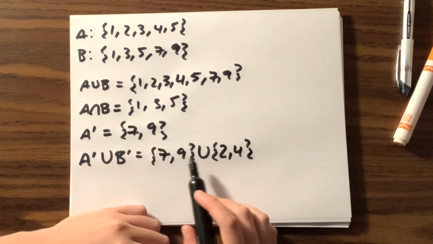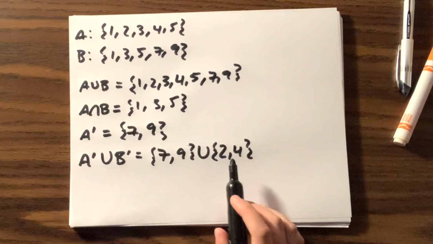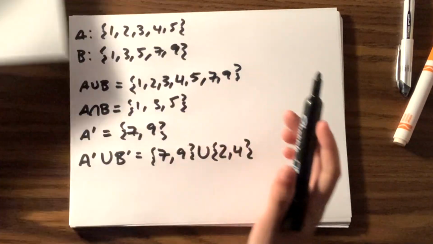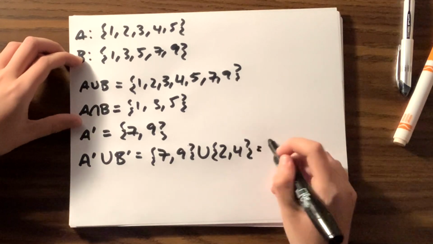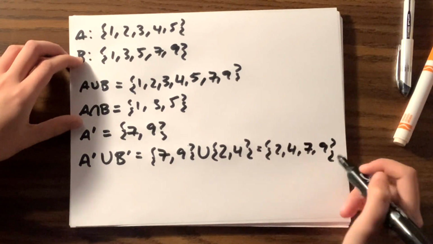And if we want to find the union of this set and this set, well, it's going to be, as we defined earlier, everything in A and B. So we can say that is the set 2, 4, 7, and 9.